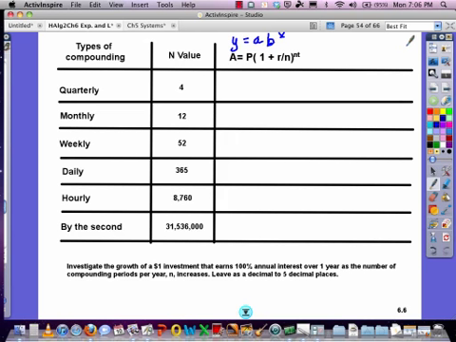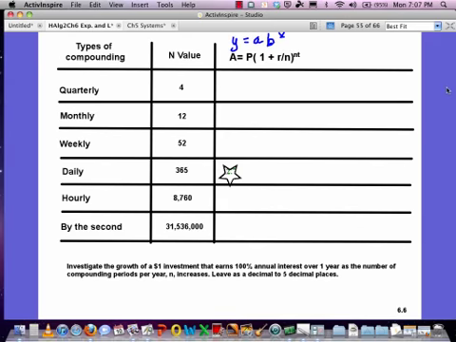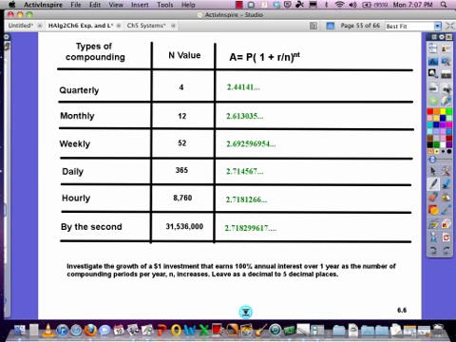We had done a couple of these the other day in one of our previous lessons. So if you would take $1, 100% interest over 1 year, and keep increasing the compoundings, which means you're getting more and more return, but it's still only on $1, then let's take a look at these dollar values.